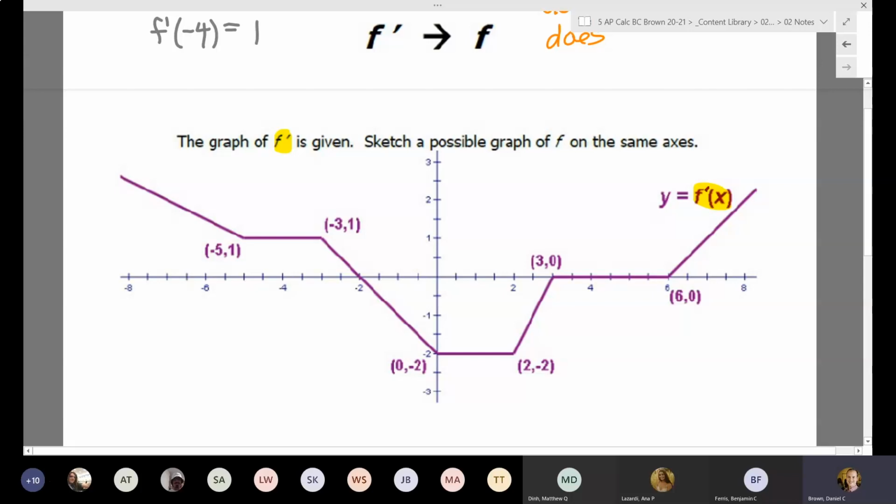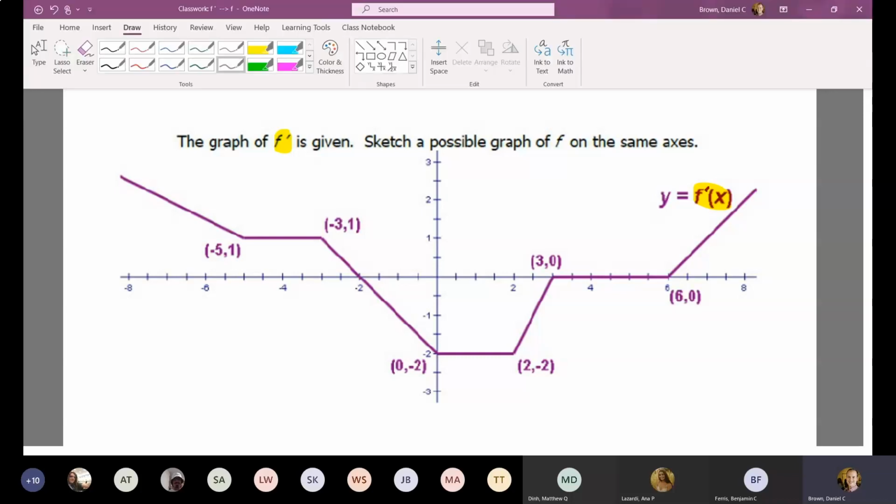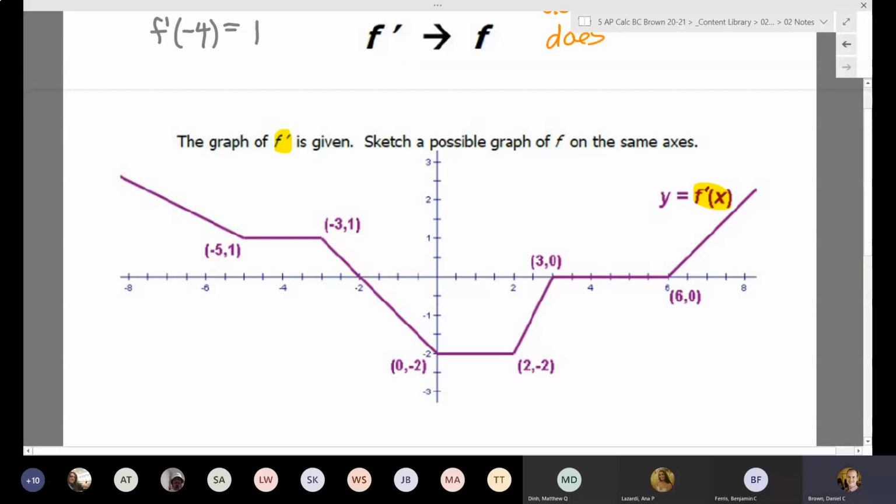What that means is that on this graph of f, which we don't know what it looks like right now, it needs to have a slope of 1. Likewise, if I say, what's f prime of +4? We see f prime of +4 is at 0, so I know that the graph there is going to have a slope of 0, or be perfectly horizontal.